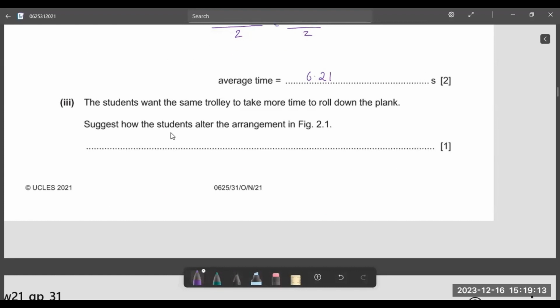So we can decrease the angle of slope. So decreasing the angle of slope will make it take more time to roll down the plank.